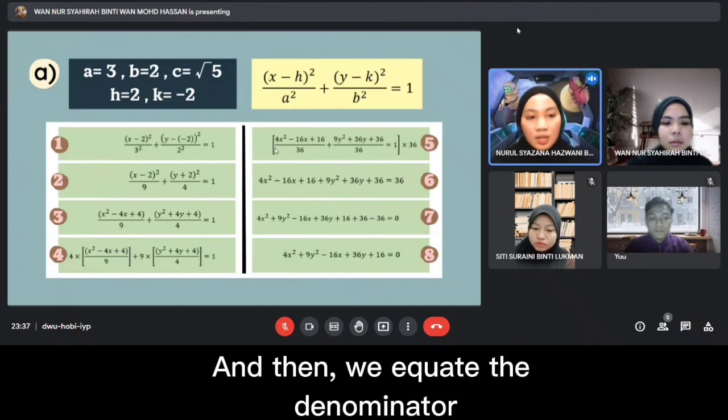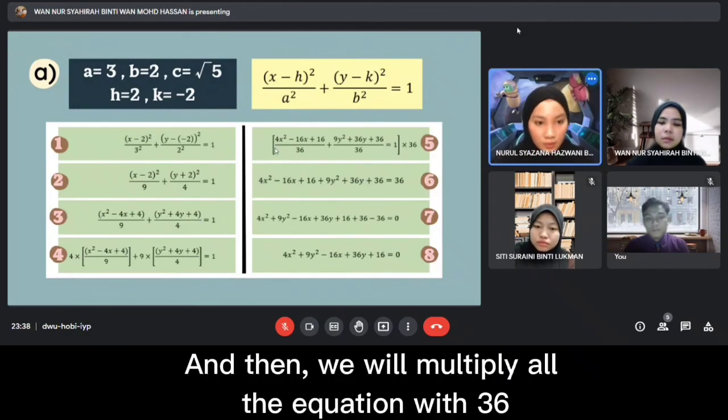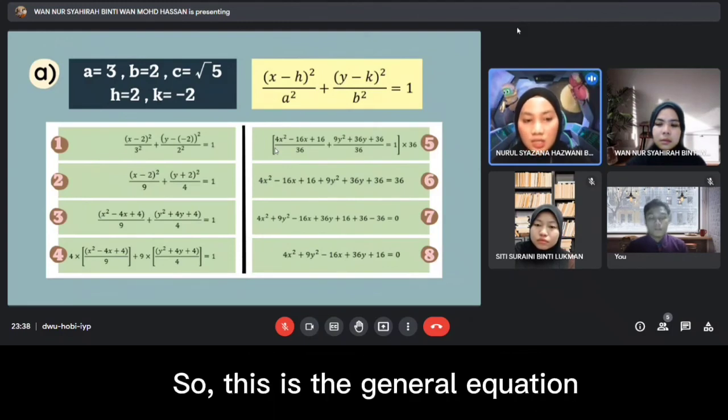And then we equate the denominators and we get (4x squared minus 16x plus 16) over 36 plus (9y squared plus 36y plus 36) over 36 equals 1. And then we multiply the whole equation by 36 and arrange it, and the final answer is 4x squared plus 9y squared minus 16x plus 36y plus 16 equals 0. So this is the general equation.